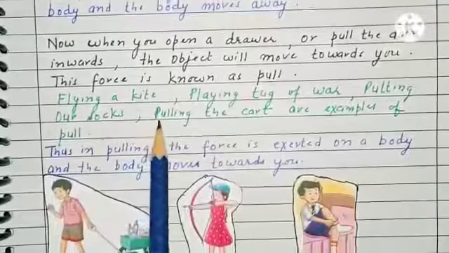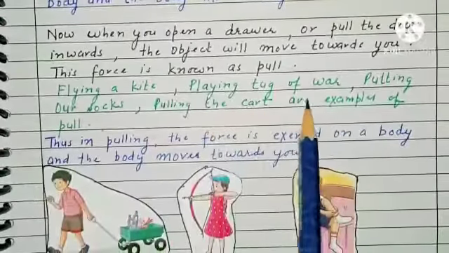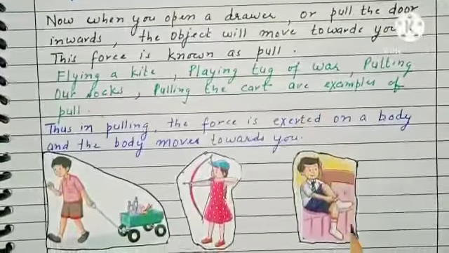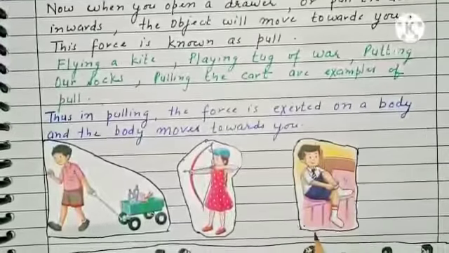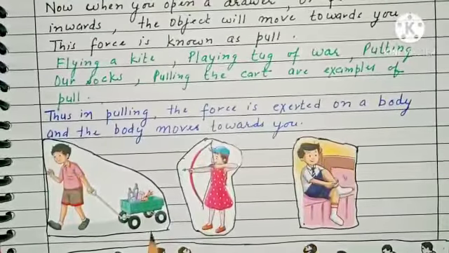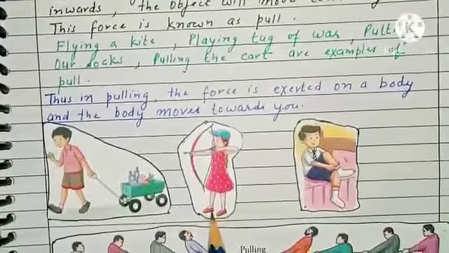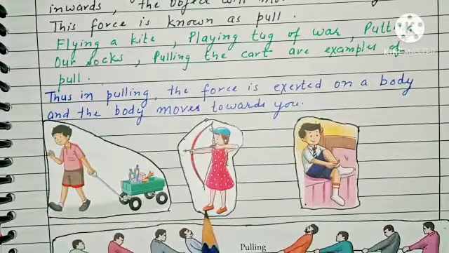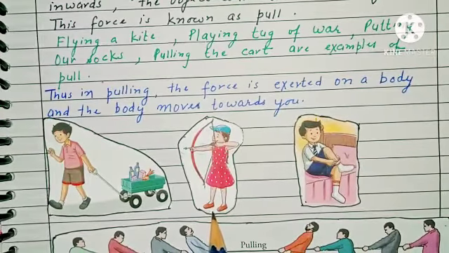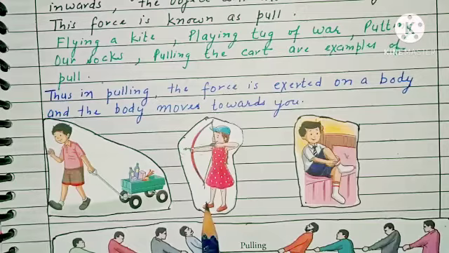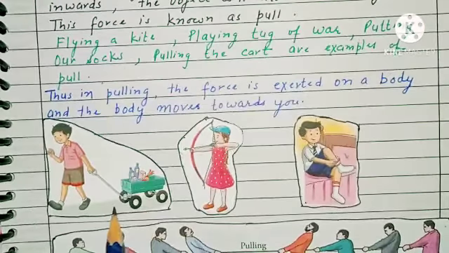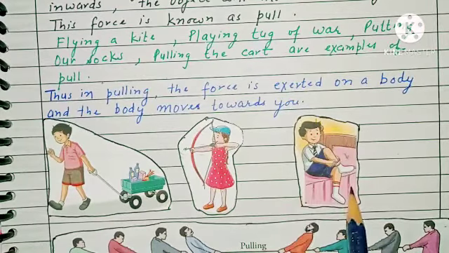Flying a kite, playing tug of war, putting on our socks, pulling a cart, pulling the string of a bow are all examples of pull. Thus, in pulling, the force is exerted on a body and the body moves towards you.